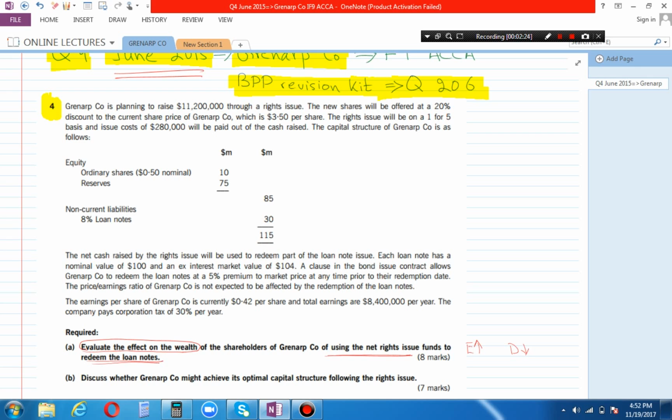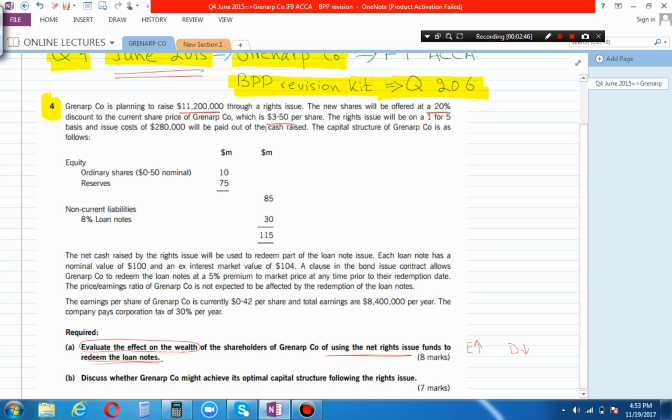So now I'll read the question with you. GRENARP is planning to raise 11.2 million finance through a rights issue. The new shares will be offered at a 20% discount to the share price of GRENARP, which is 3.5 per share currently.